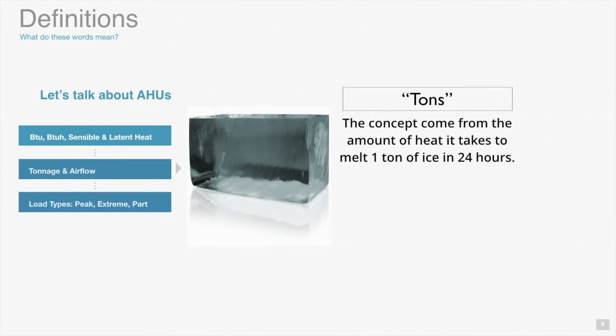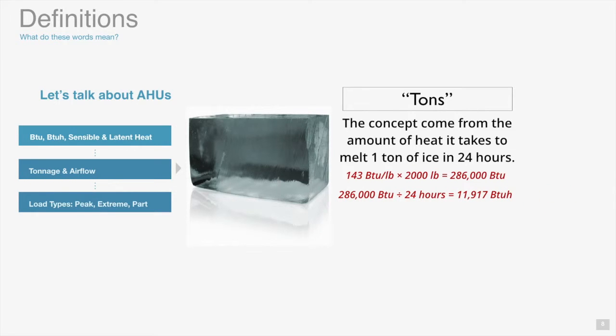So tons, where does that name come from? Well, it's a concept that came from the amount of heat it takes to melt 1 ton of ice in 24 hours. So if you have the heat capacity of ice, 143 BTUs per pound, times 2,000 pounds a ton, you get 286,000 BTUs.